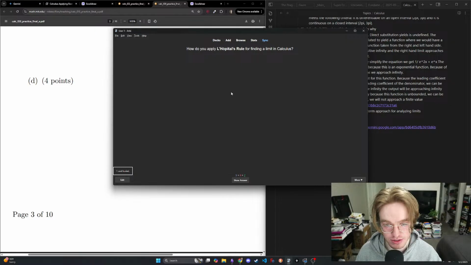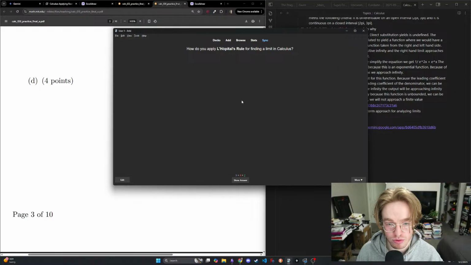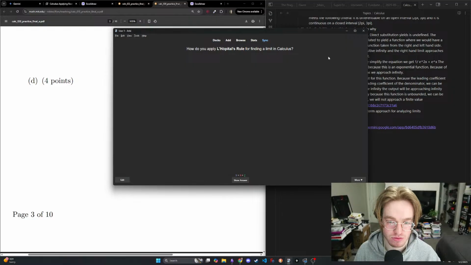So I still need to do... Okay. So L'Hopital's rule. If I'm recalling correctly, this is where we take the derivative of it and see if you can find the limit then, but that doesn't seem correct.